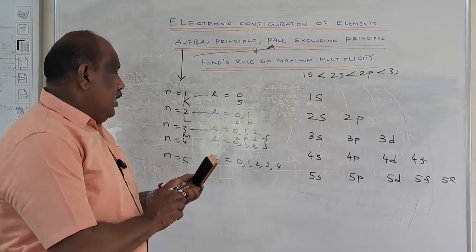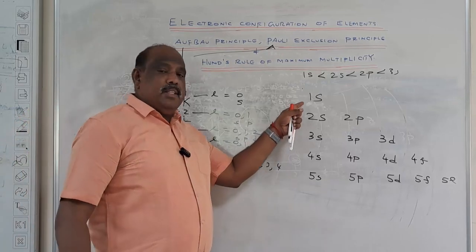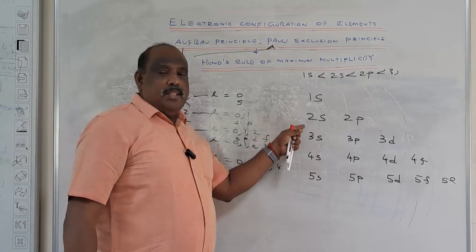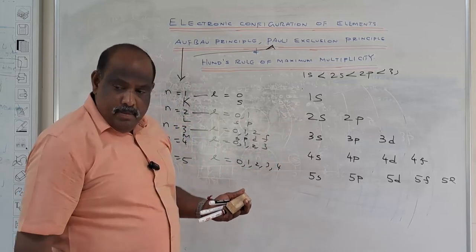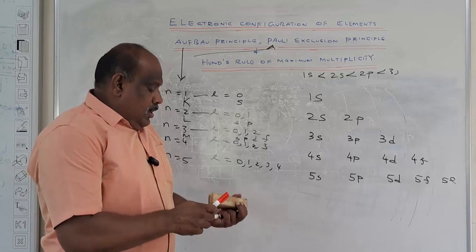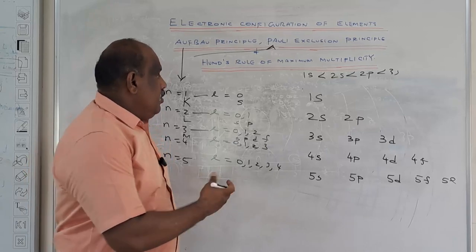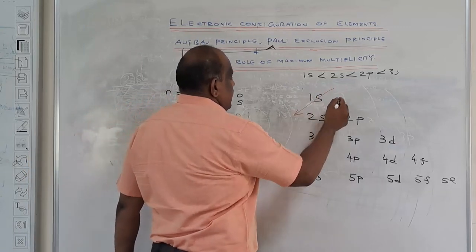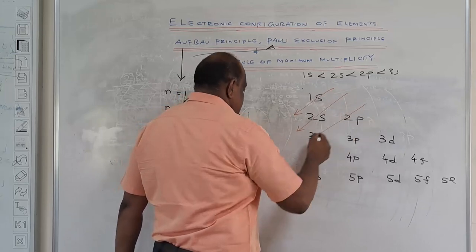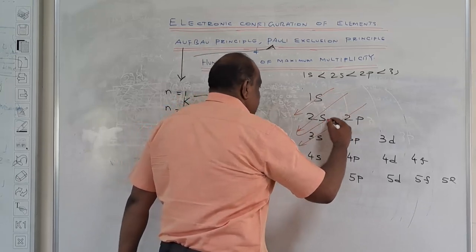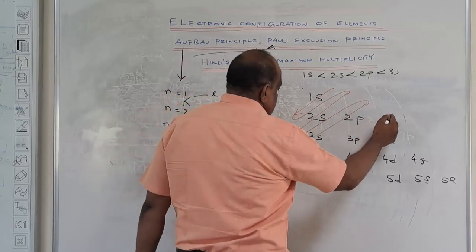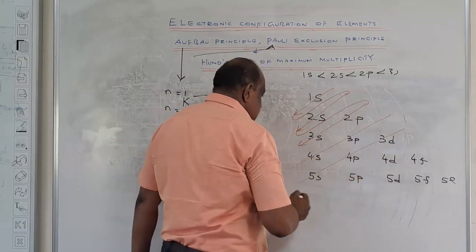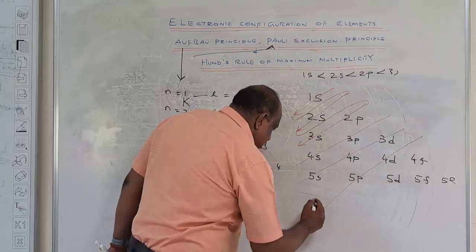Now, which is having the lowest energy? 1 is having the lowest energy, then 2 is having the lowest energy. So, I will draw a diagram. You can see 1s, 2s, then you have to follow like this, then like this, then here it will be 6s.